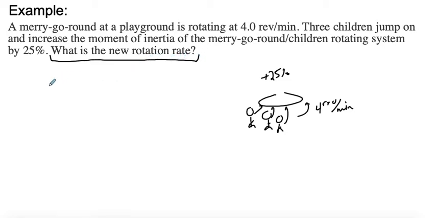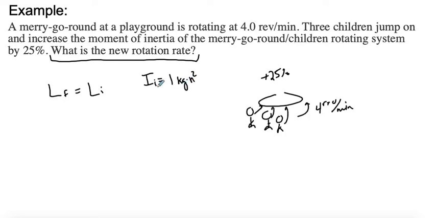So let's write out our equations. Final momentum equals initial momentum. Now we're not really given a value for the moment of inertia I. If you're not given something like that, and we're just saying it increases by 25%, then let's just say our initial moment of inertia is 1 kilogram times meters squared.